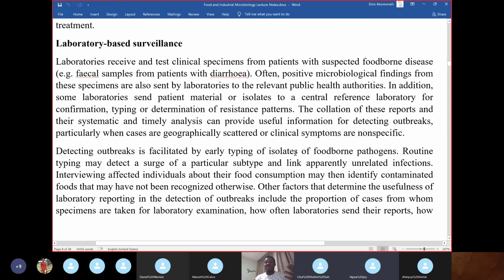But when there's an unusual increase in number of malaria cases, it is a cause of concern. If there's an unusual increase in number of typhoid cases, it's a cause of concern. So we are in an endemic area for malaria and typhoid. So we always expect to have malaria.